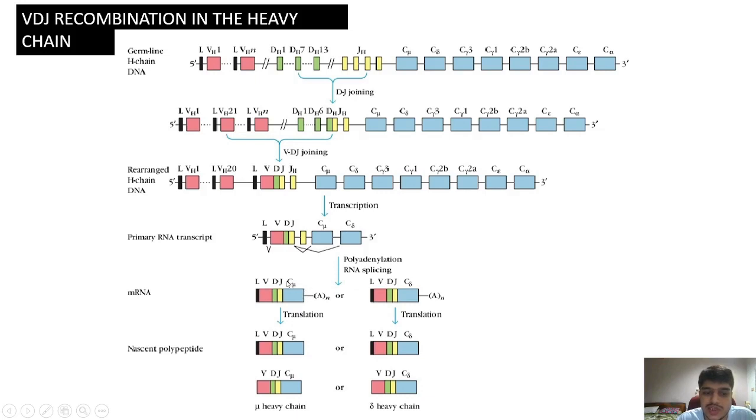So if it expresses mu, you get a mu heavy chain which gives IgM. If it expresses constant region delta, it will express the delta heavy chain which gives IgD.